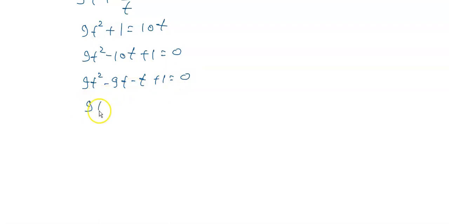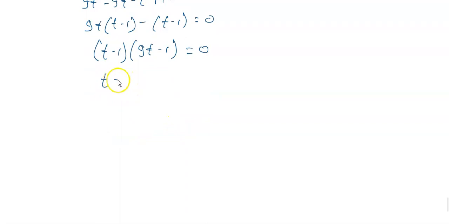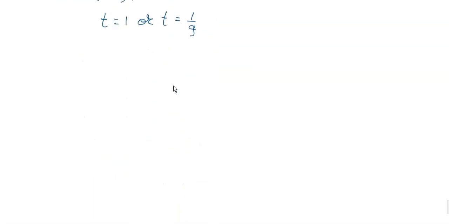So we can take 9t common from here. So 9t into, not 9, it has to be only t, so t minus 1, and from here we can take minus 1 common, t minus 1 equal to 0. So t minus 1 into 9t minus 1 equal to 0. So this implies t is equal to 1 or t is equal to 1 upon 9. Now what was t? t was 3 to the power of x.